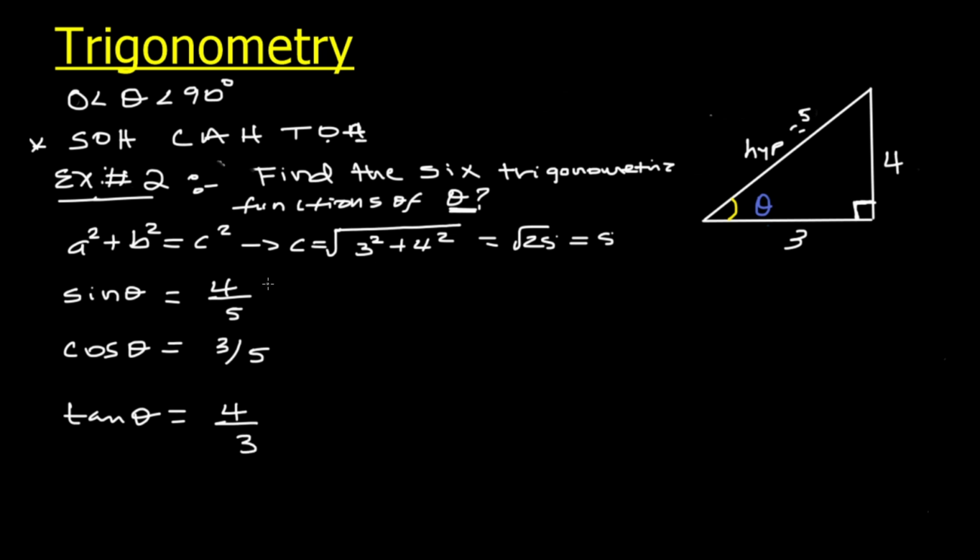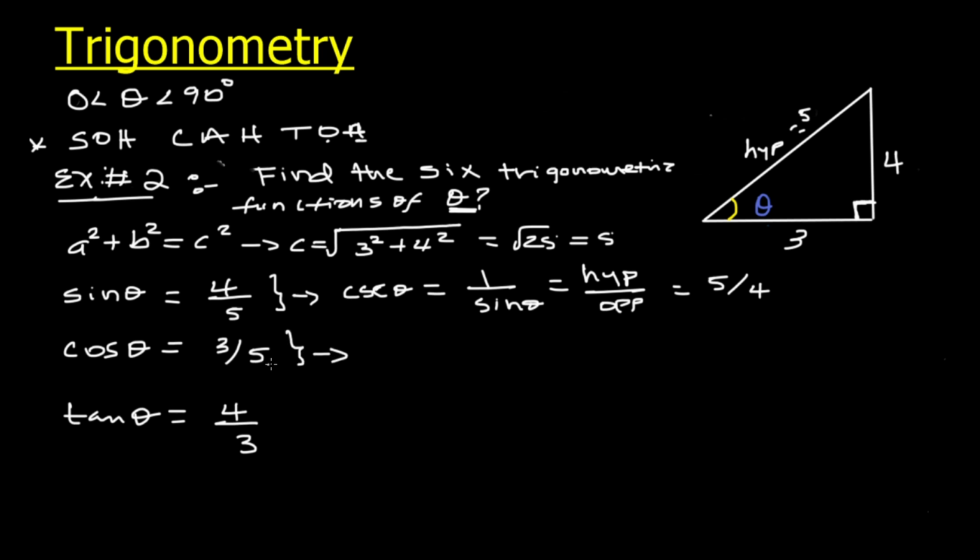These 3 relate to what? Sine theta is related to cosecant: csc theta equals 1 over sine theta, which is the reciprocal. So we have the hypotenuse, which is 5, divided by the opposite side, which is 4. Wonderful. Cosine is related to secant.